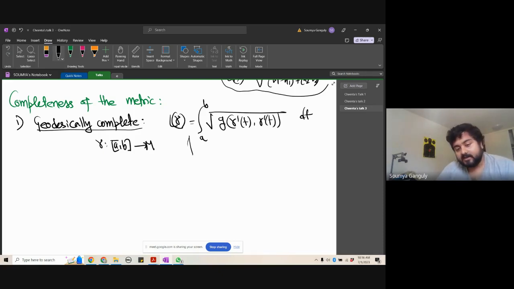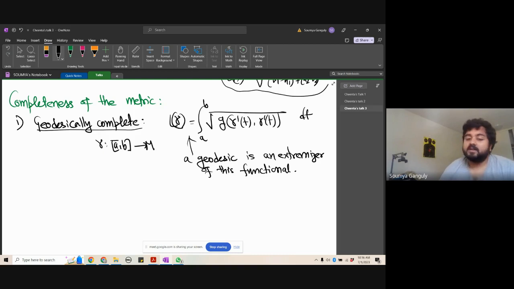A geodesic is an extremizer of this functional, which means it is either the minimizer or the maximizer. It's the curve for which this length becomes maximum or minimum.